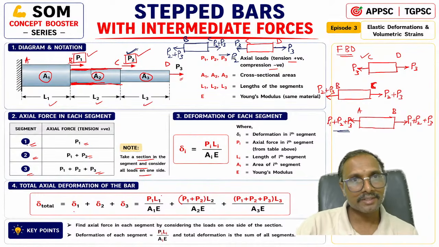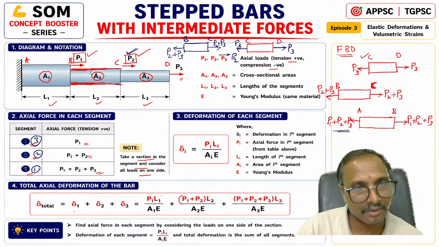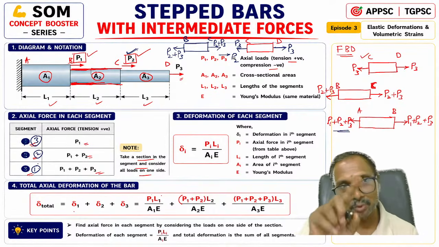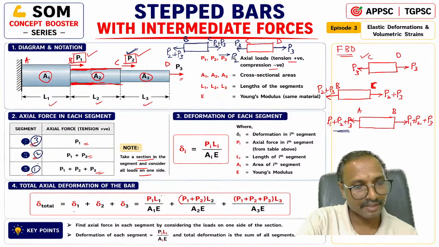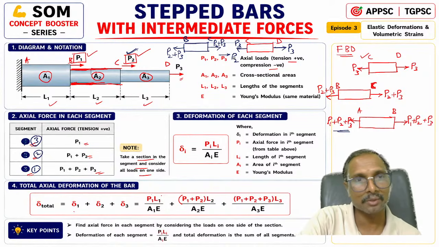So actually this is segment, let us take this as, okay, here numbering is given wrongly. This is segment 3, right side. That is segment 3. This is segment 2. This is segment 1. That numbering is given reversed. The typing mistake happened in that. Okay. Check it out.